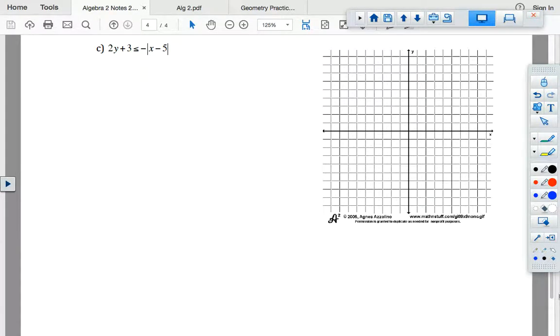I want to make sure nobody makes any mistakes. Who thinks he got this? All right, Ryan. First step. You gotta subtract 3 from both sides. Excellent. So I have 2y is less than or equal to negative x minus 5 minus 3. And my next step? Divide by 2. Divide everything by 2.